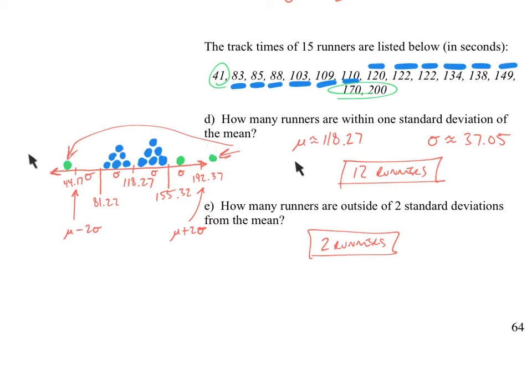So since they're both outside of 2 standard deviations from the mean, we would say that they are really not close to that mean. And our following lessons are going to deal with this idea of closeness. I know this is a long video, but we're going to do some stuff with standard deviation coming up in the next few lessons.